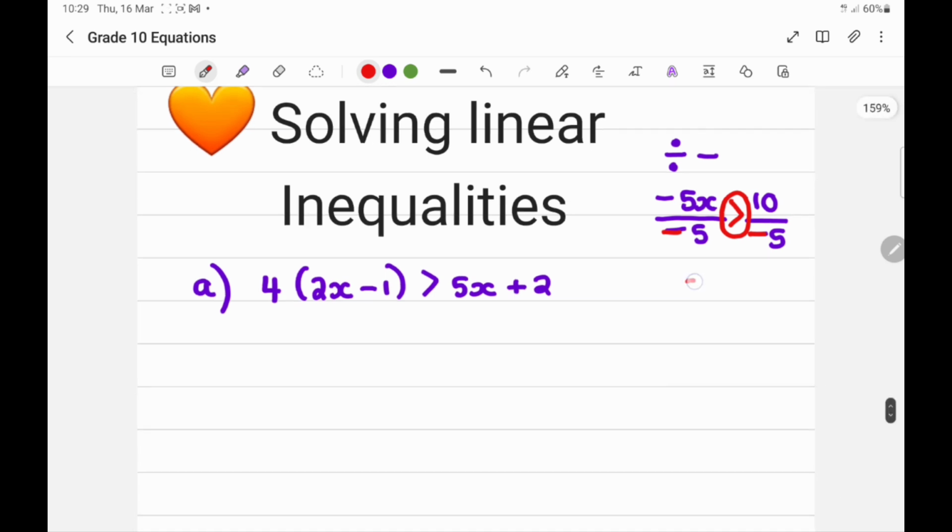So negative 5x divided by negative 5 leaves you x. You swap your inequality sign, and x is smaller than negative 2.